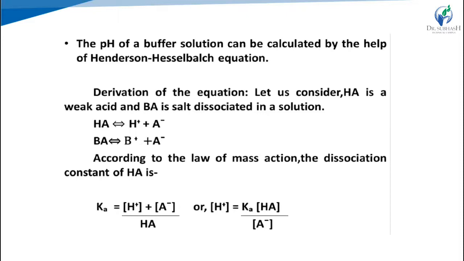If the acid is weak and slightly ionized, then HA is represented as the total concentration of acid. So HA is the acid, and the common ion concentration A minus results from the salt. Thus H plus is equal to Ka times acid upon salt. That is the equation we have to write down.